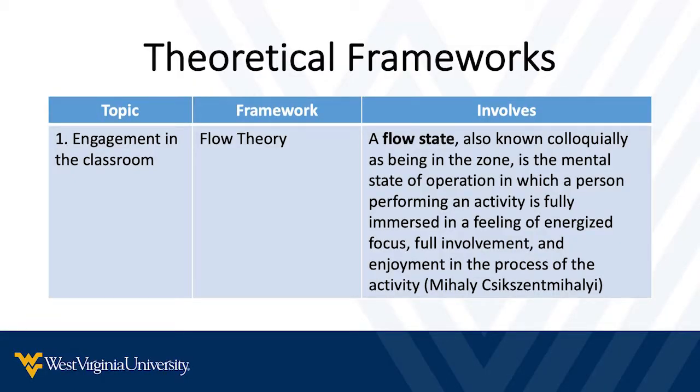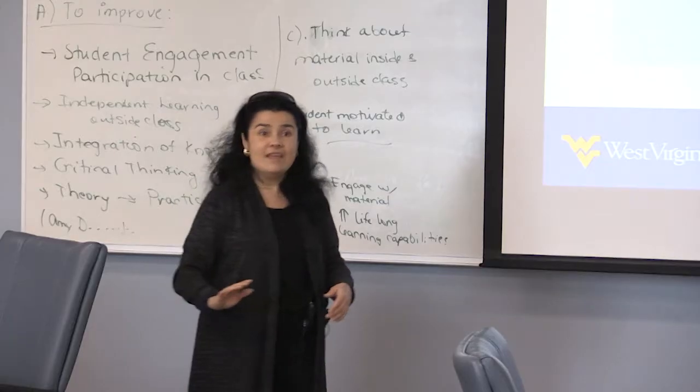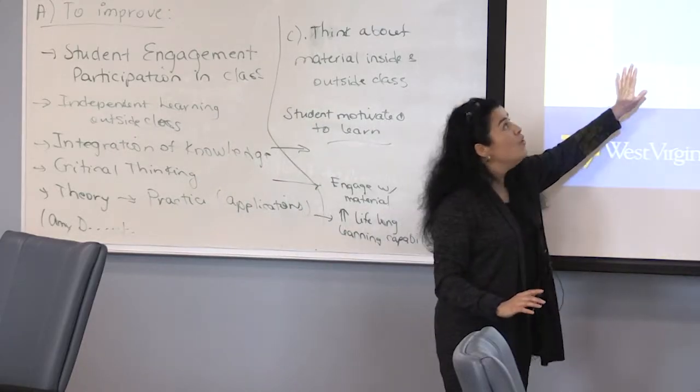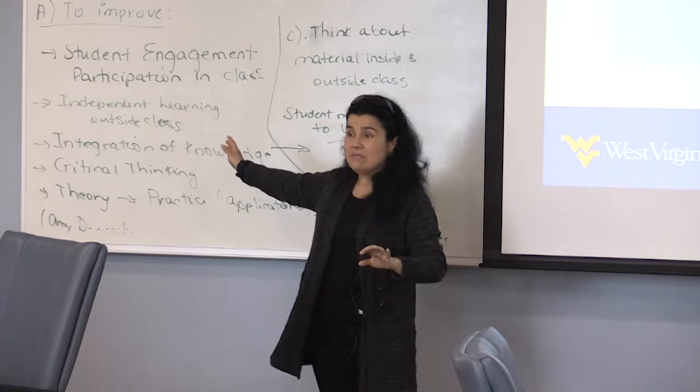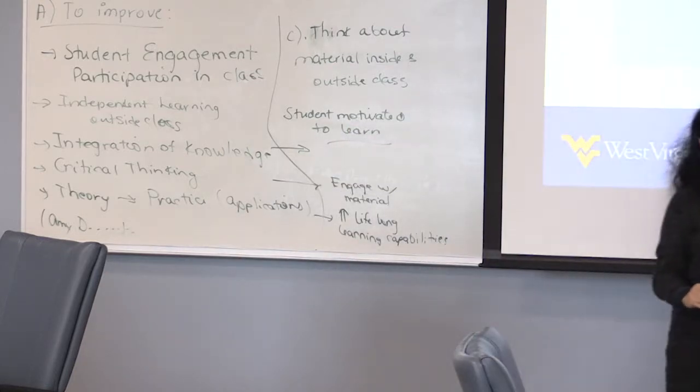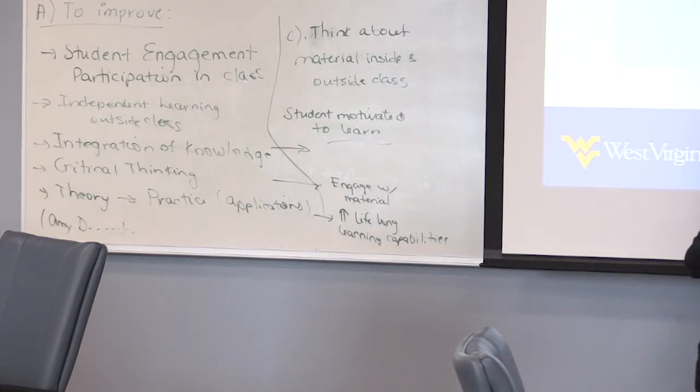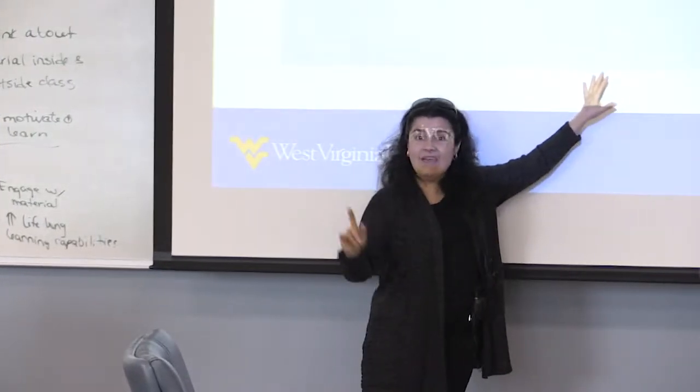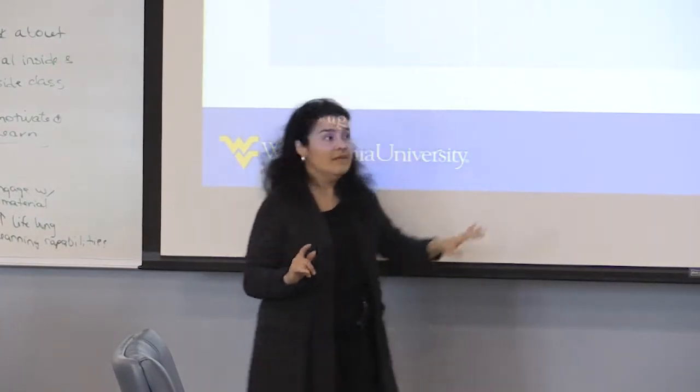A flow state, also known colloquially as being in the zone, is the mental state of operation in which a person performing an activity is fully immersed in a feeling of energized focus, full involvement, and enjoyment in the process of the activity. So, for those of you looking into measuring engagement, this could be appropriate. Keep in mind that this is only one engagement framework. There are others as well.